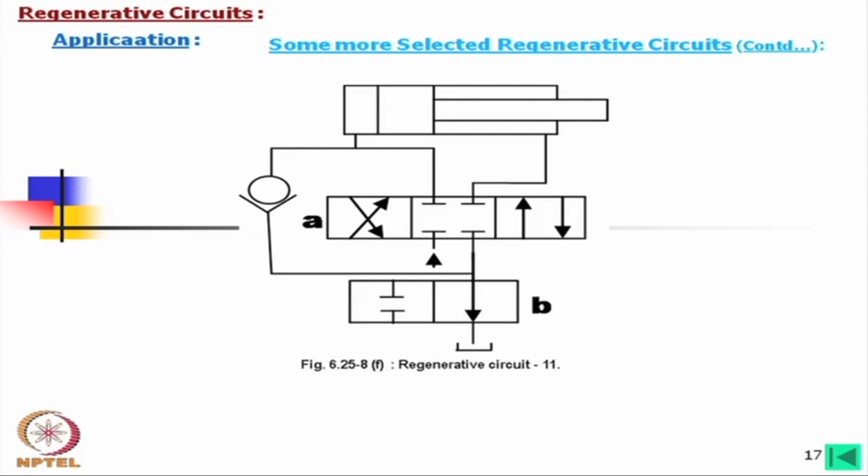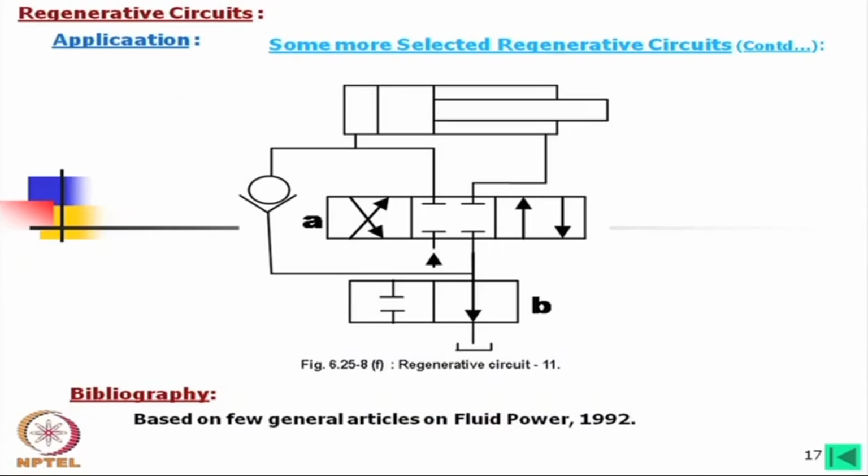So, I think this is the end of the circuit, and there is no reference. I have not seen this article in any book, one or two circuits only. These circuits I have collected from an article, even if there is no clue it is from which journal, and it is from that article.